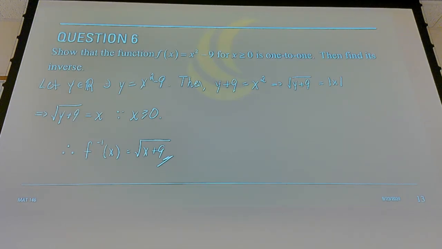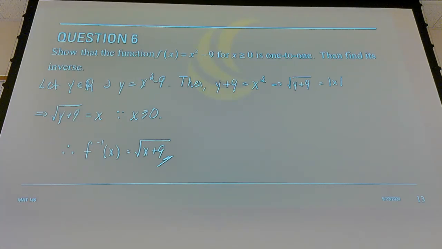Just for fun, what is the domain of that inverse? So what's the domain for square root of x plus 9? Negative infinity, negative 9, negative 9. So how did you get that?